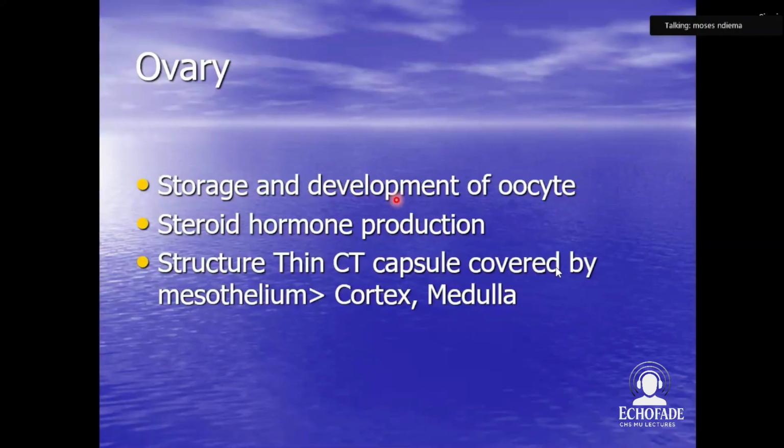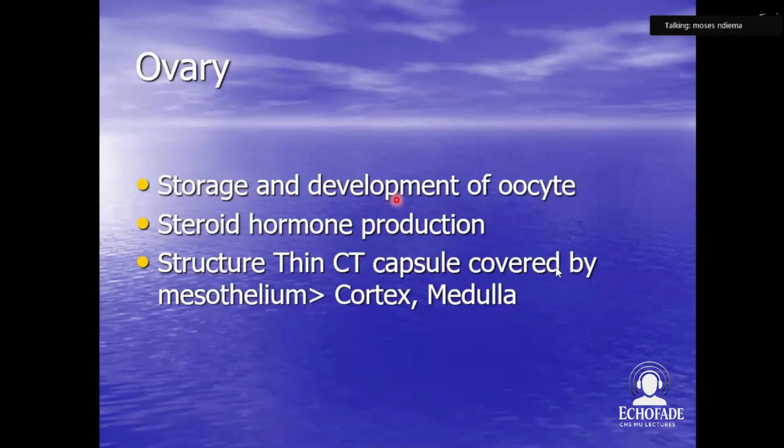This tunica albuginea is covered by a mesothelium, which is a peritoneal covering comprising simple cuboidal epithelium. That mesothelium is sometimes called germinal epithelium, but truly it's not responsible for the development of the germ cells.